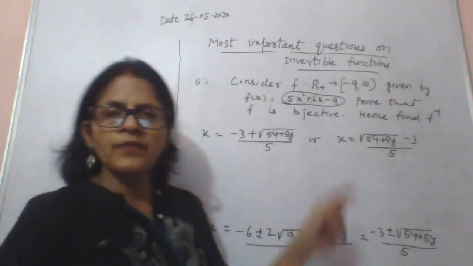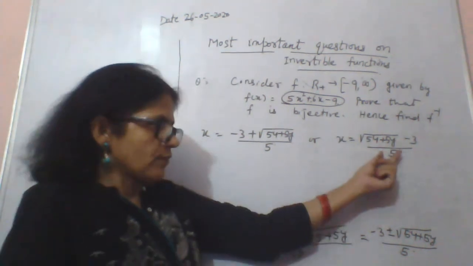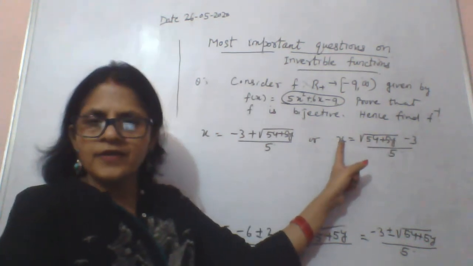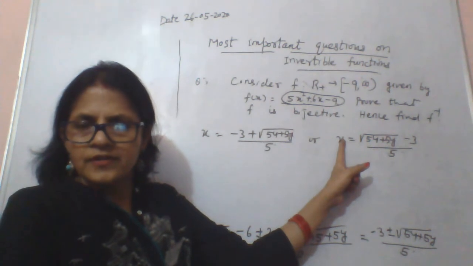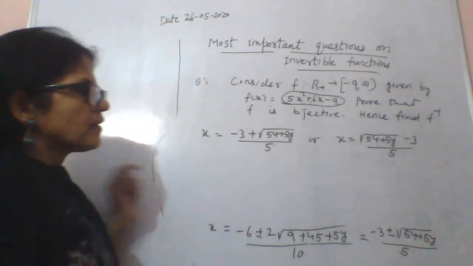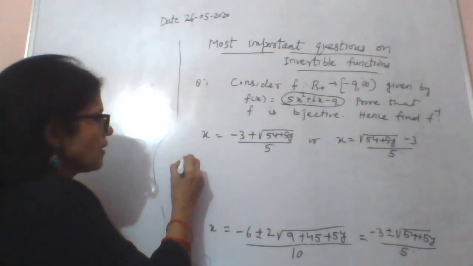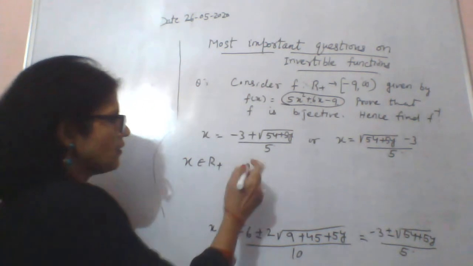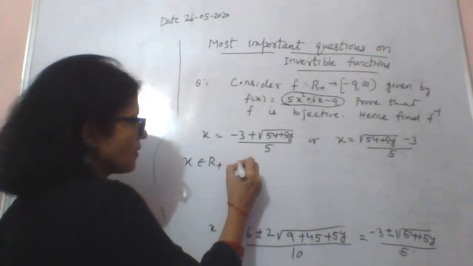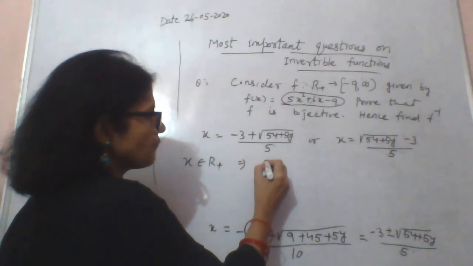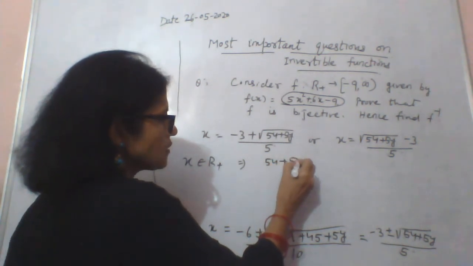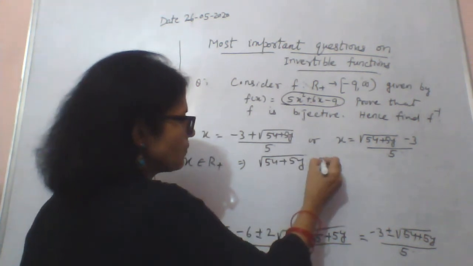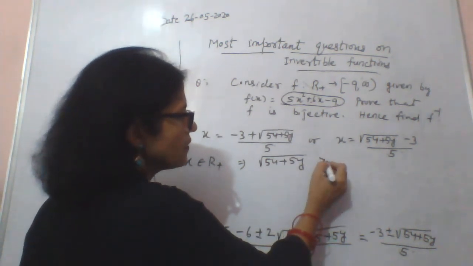So we want to find for what values of y this x will be defined. Range means the set of all y. So let's find the range here. It means x belongs to the set of non-negative real numbers, which implies this under root 54 plus 5y should be greater than 3.